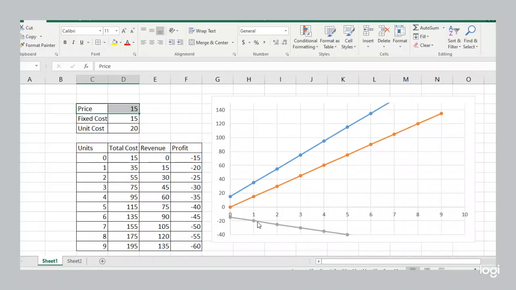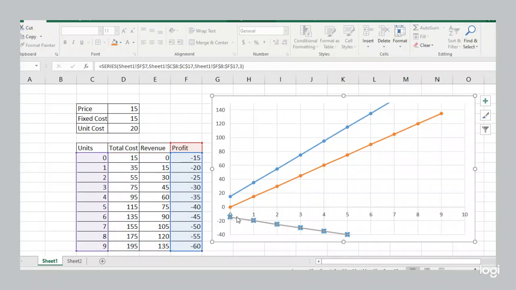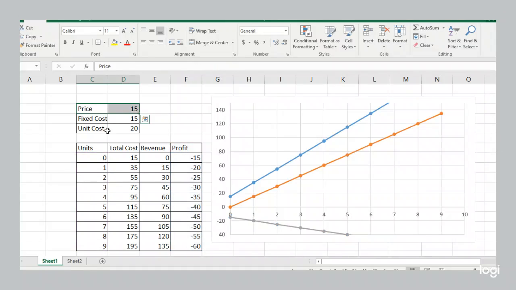And what you see is your profit line is actually dropping. It's now negative, because your price is lower than your cost. So, that's the relationship between price, fixed cost, unit cost, and how that affects your total cost, your revenue, and your profit, and how that depends on the number of units sold.